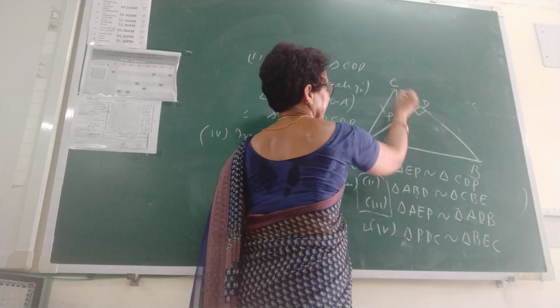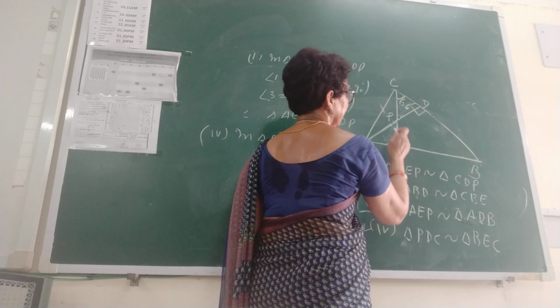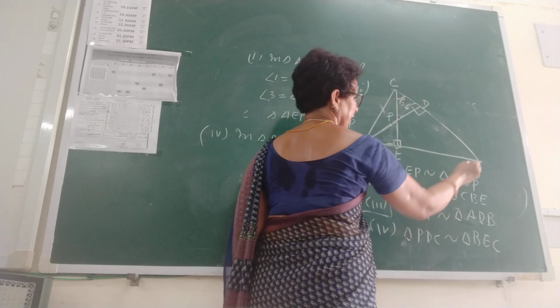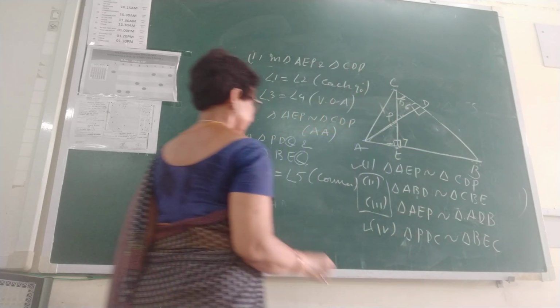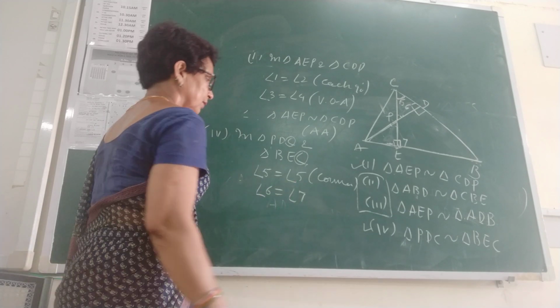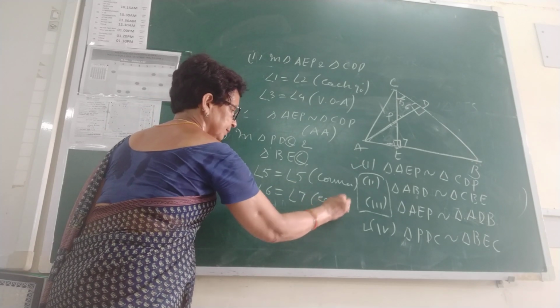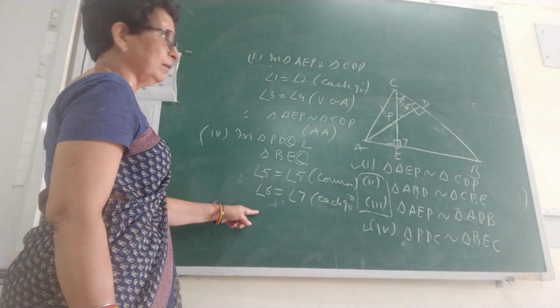In triangle PDC, angle 6, and in triangle BEC, angle 7. Angle 6 equals angle 7, each 90 degrees. Again we have got two angles equal.